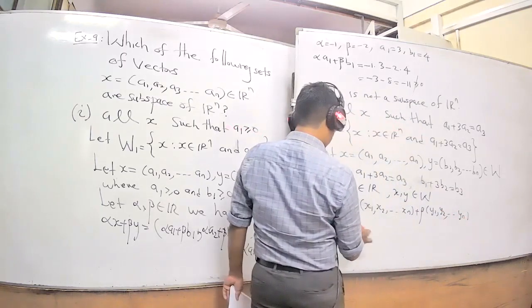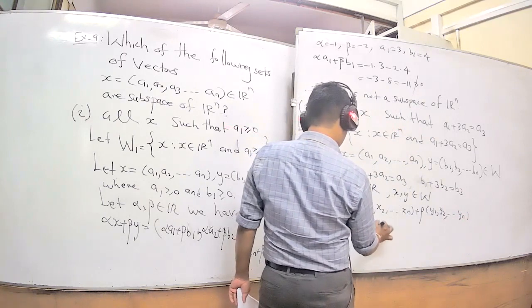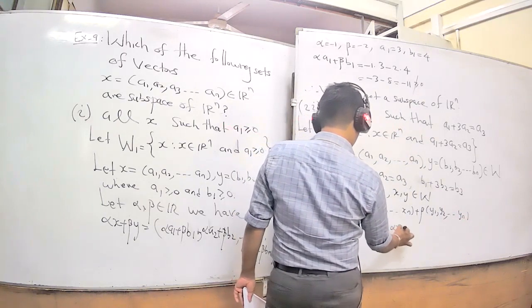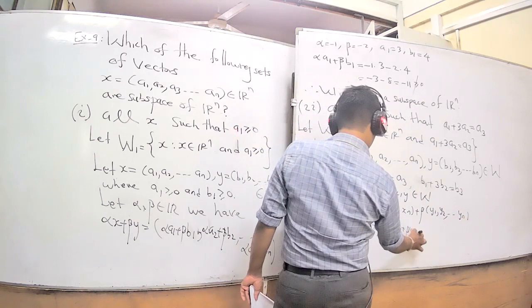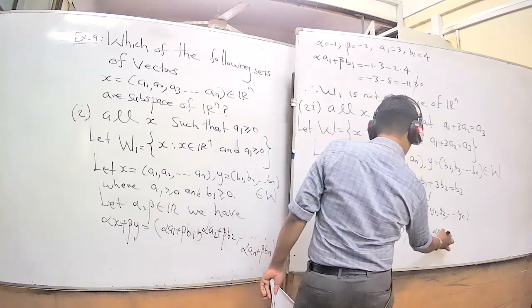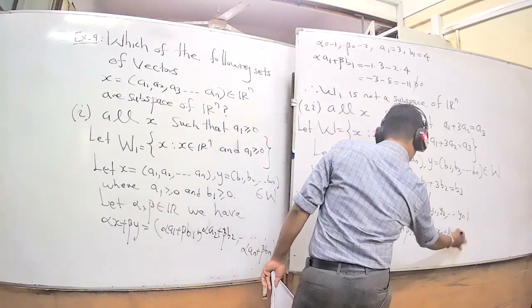So it is of the form (alpha x1 plus beta y1, alpha x2 plus beta y2, and so on, alpha xn plus beta yn). Okay.